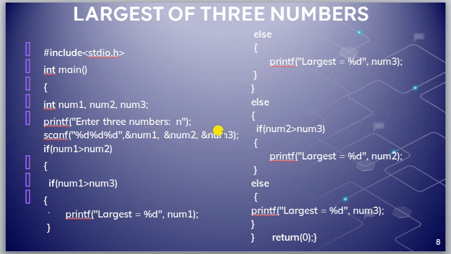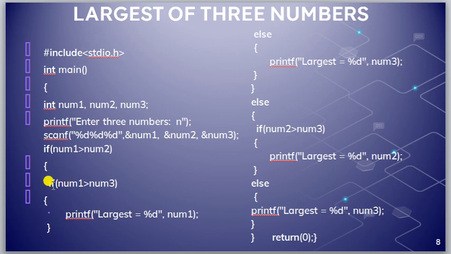Okay, then if num1 is greater than num2, it will be checked. If num1 is greater than num2, then go to the next condition, if num1 is greater than num3. So what we have checked is num1 greater than num2 and also num1 greater than num3. So what will be the output? Printf largest equal to num1.